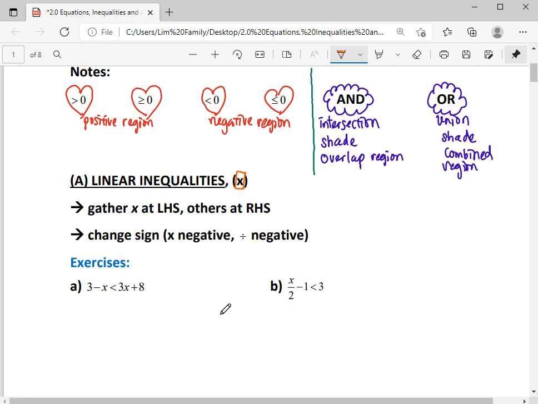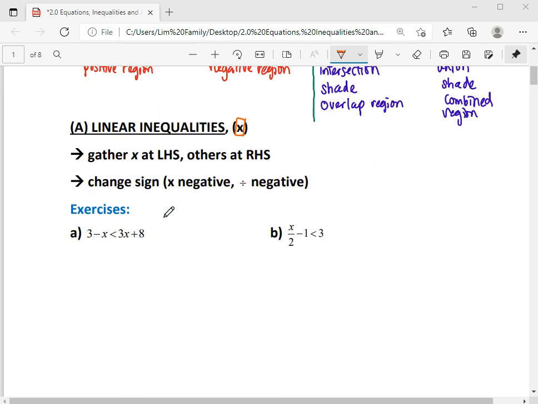So we go to the first concept of inequalities first. Before that, do you have any questions? Okay, so we go to the most simple one, linear inequalities, when the question has x only. Make sure we rearrange and simplify the question first. We gather all the x to the left hand side and the non-x terms to the right hand side.